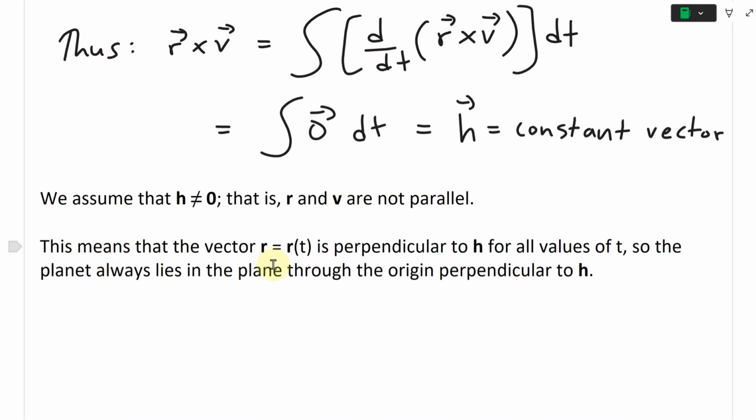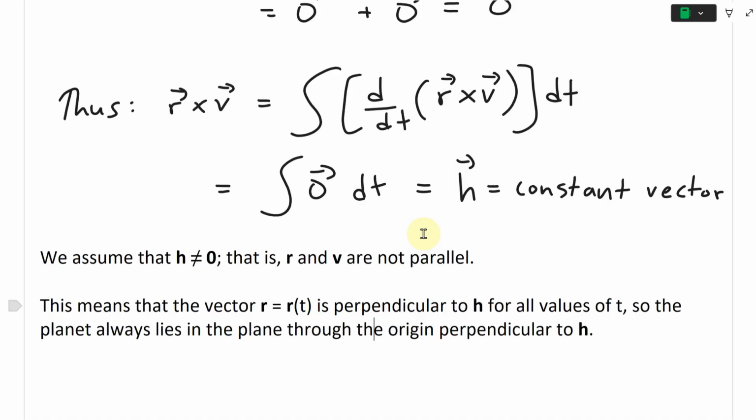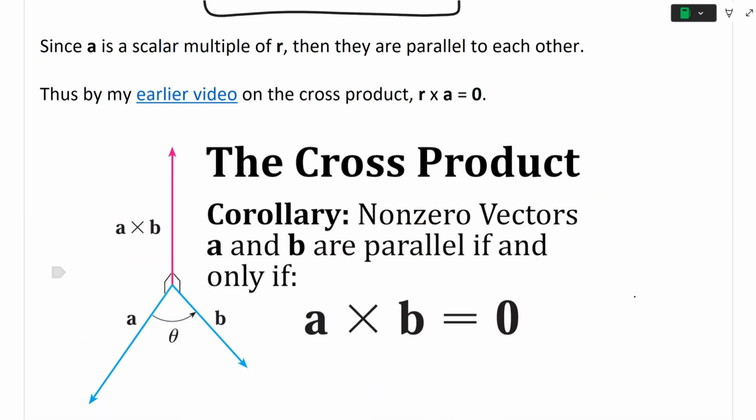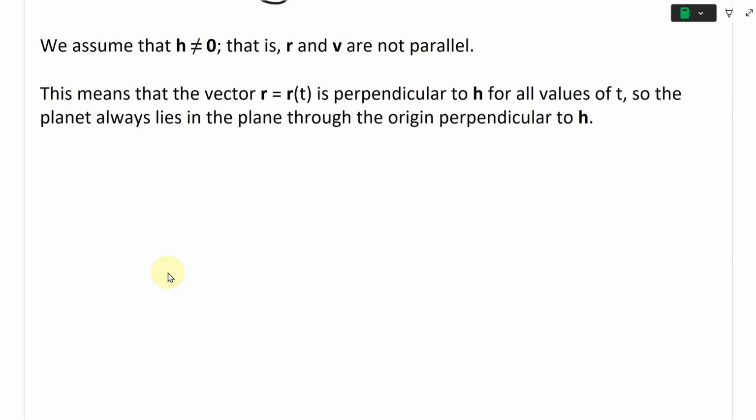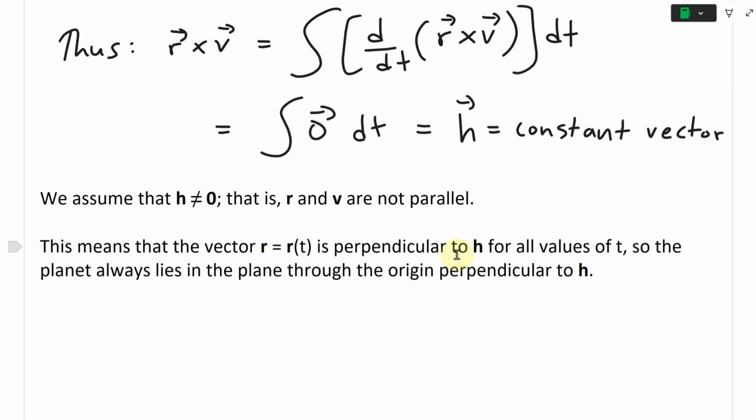So this means that the vector r equals r of t is perpendicular to h for all values of t. Remember, the cross product is always perpendicular to the two vectors. So r is always going to be perpendicular to h. So the planet always lies in the plane through the origin perpendicular to h.